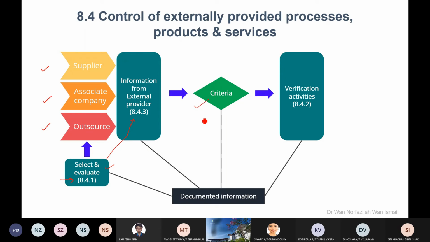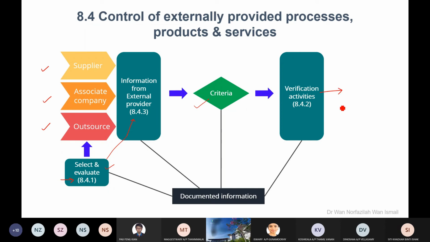Once you have the criteria, compare them to the information from the external provider, then decide which supplier or associate company is best to handle the process or anything that you don't have in your company but want to outsource.